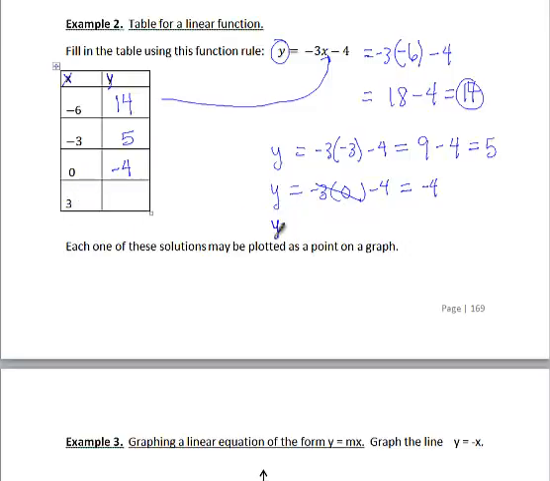Well, y equals -3 times whatever number x is, and in this case it's 3. Then we subtract 4. Well, 3 times -3 is -9, and then we subtract 4 more, and that would be -13.